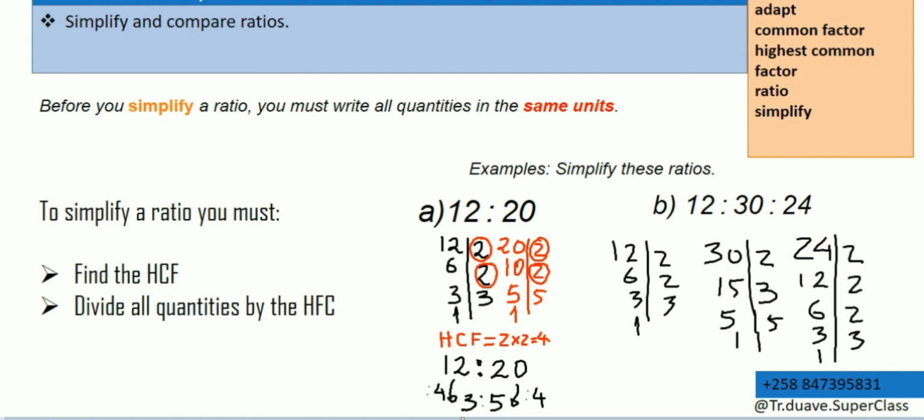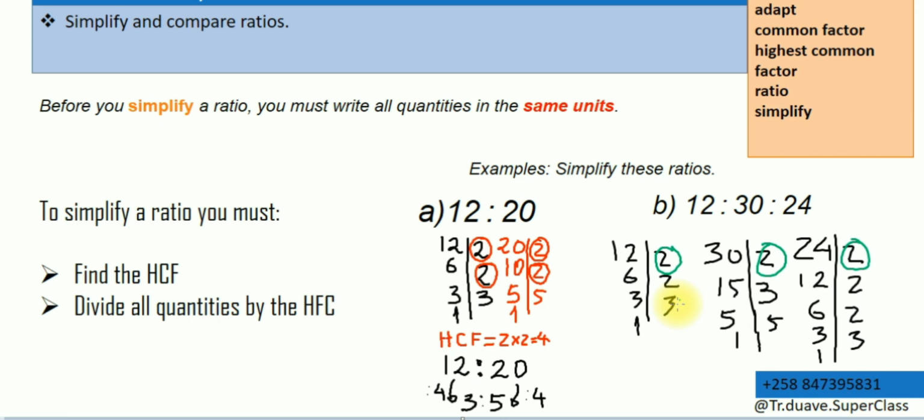So now, after factorizing each of the quantities, we need to circle the common numbers. Okay. So as you can see, we have 2, 2, 2. It needs to be in all quantities. The next one, let's look at this number here. These 2. We have 2 here, we have 2 here, but we don't have it in this column, so we won't use it. Doesn't work.